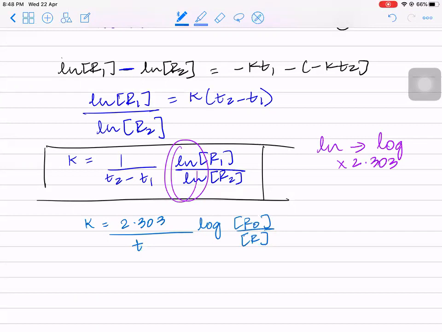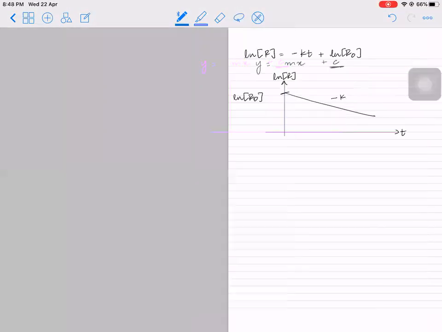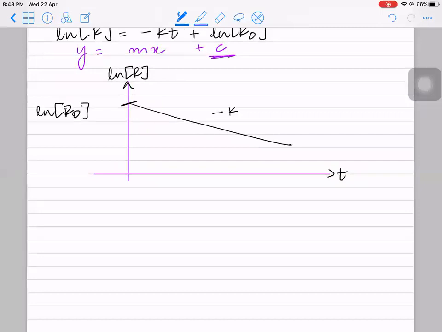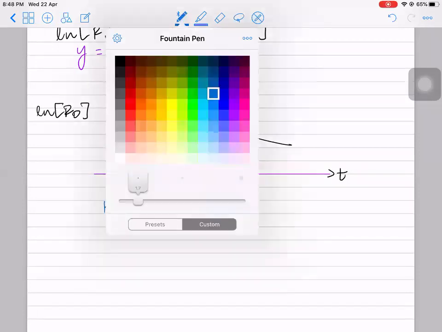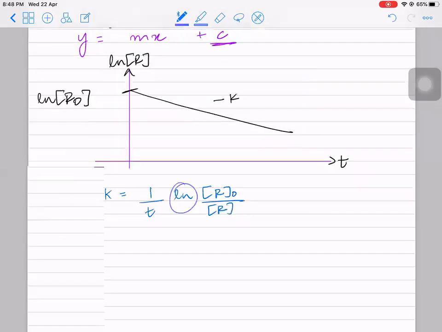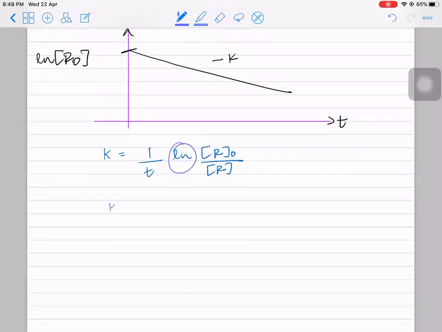Okay. So if you want to convert it, you can do it by multiplying by 2.303, or I'll just use this equation right here for you, where you had k is equals to 1 upon t natural log r naught upon r. If you want to remove this and make it a base 10 log, you can just say k is equals to 2.303 upon t log r naught upon r.